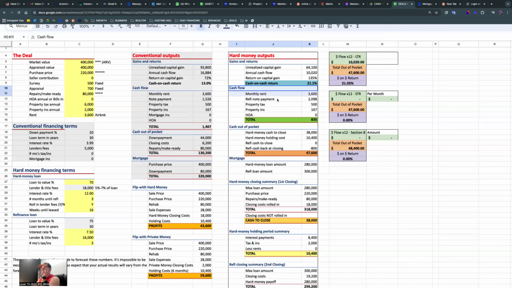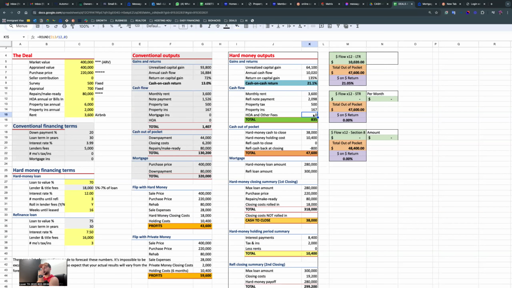This area here calculates the monthly rents. Remember, on this left side you put like 30 years at 7.5%. That will calculate the monthly PITI, the note. This is the PI, principal plus interest, then the taxes, the insurance, the HOA, and any other fees that you can add here.